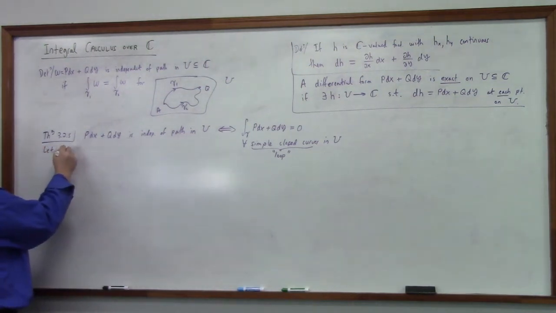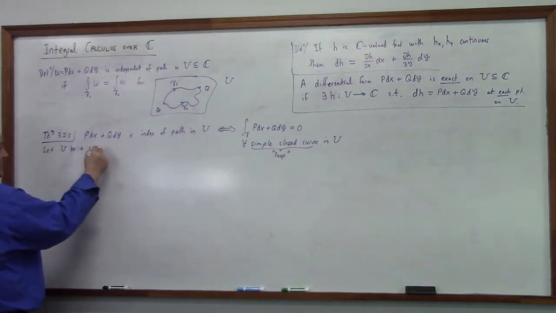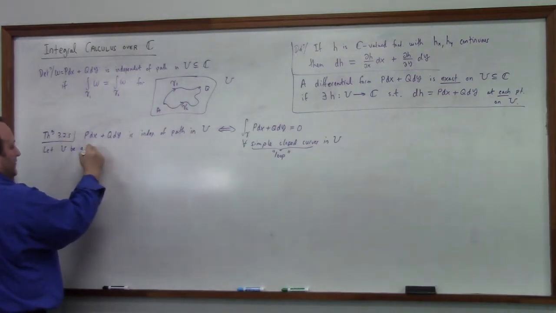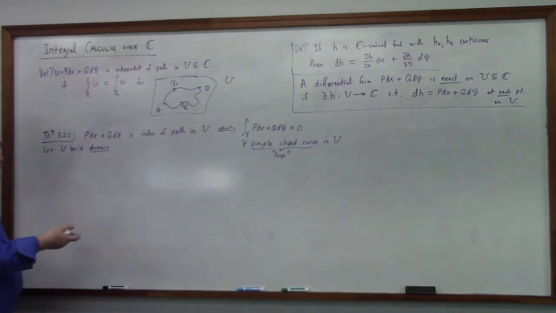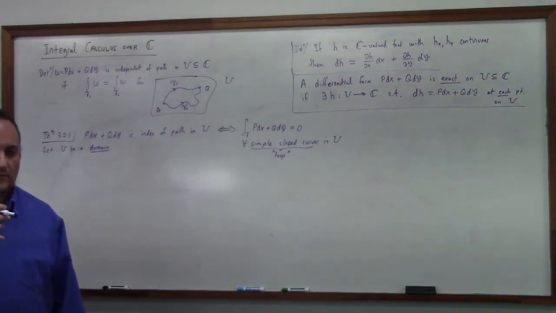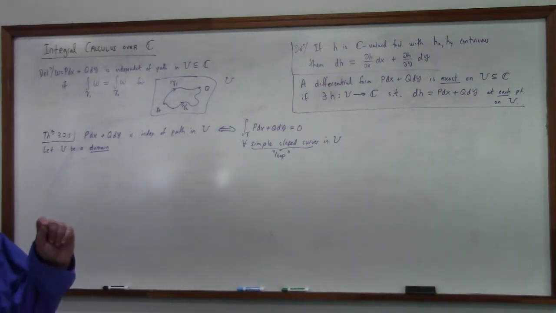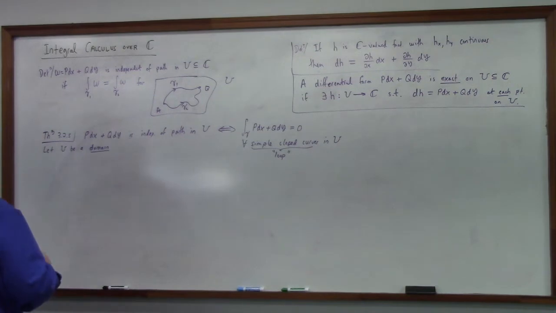Well, let's let U be a region. What's the difference between domain and region? Remember, domain means open connected set. A region could be an open connected set plus some of its boundary. I don't really want to fuss with the boundary of the region, so let's just say domain.